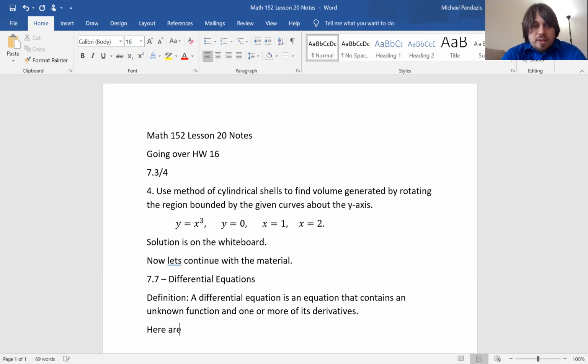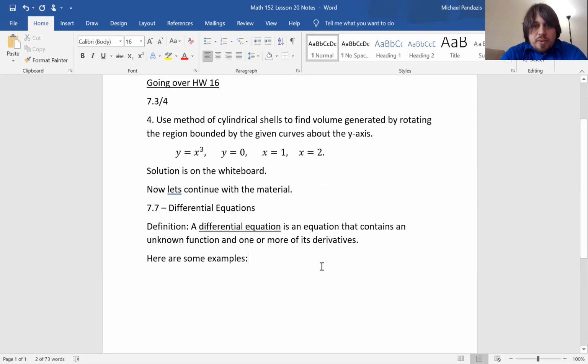Here are some examples. This is the definition of a differential equation. Underline it.